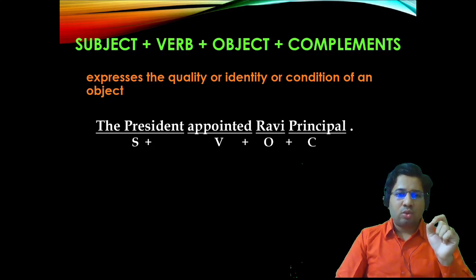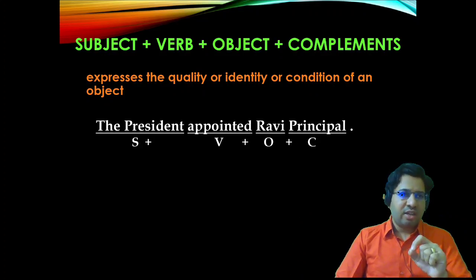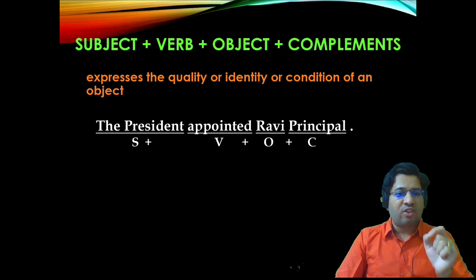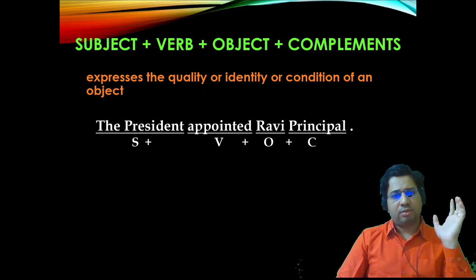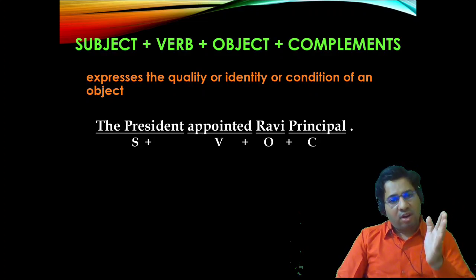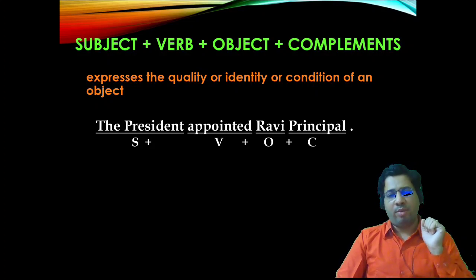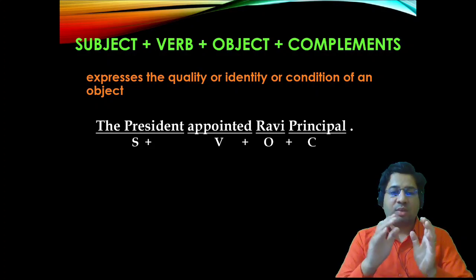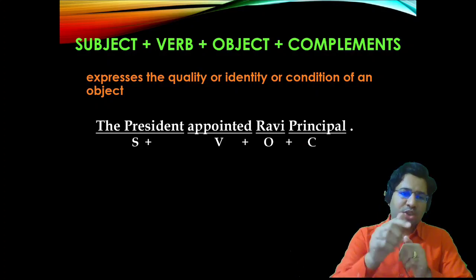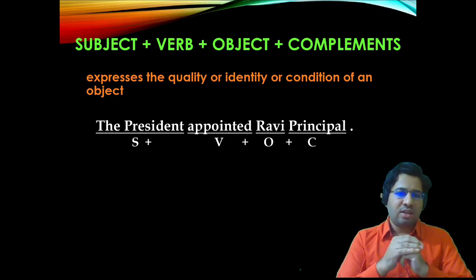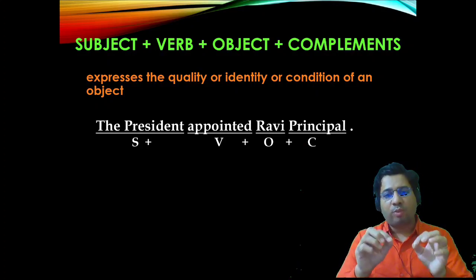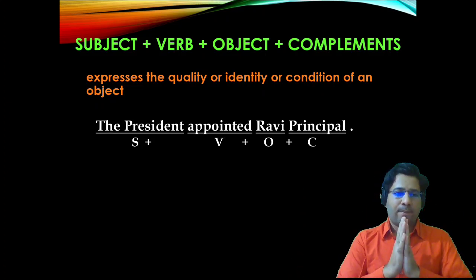In addition to the object Ravi, we need another word to complete the meaning of the verb appointed. So the word principal, which completes the meaning of the sentence, is called a complement, since it says something about the object Ravi. It is called an object complement.